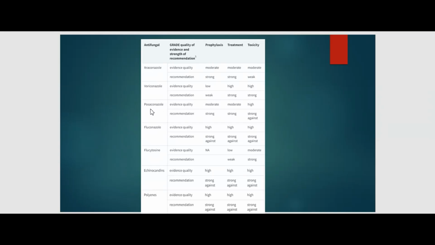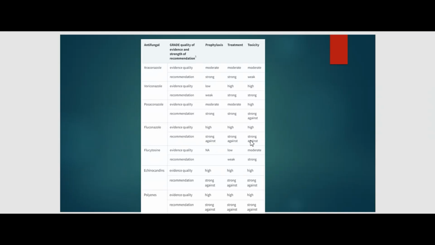And you can see here posaconazole has a strong recommendation to monitor it for prophylaxis and treatment, but they do not monitor for toxicity at all. They're against monitoring it for toxicity.